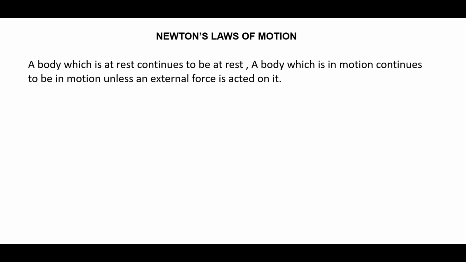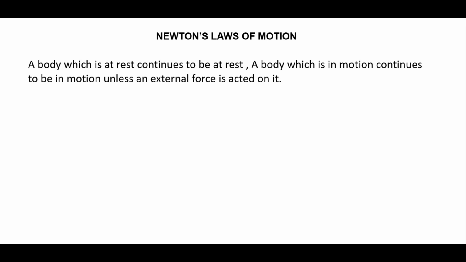This is the conclusion of today's video tutorial. Please remember it, because this property of a body to be at rest or to be in motion, if they are already at rest and in motion respectively, is called inertia, right?